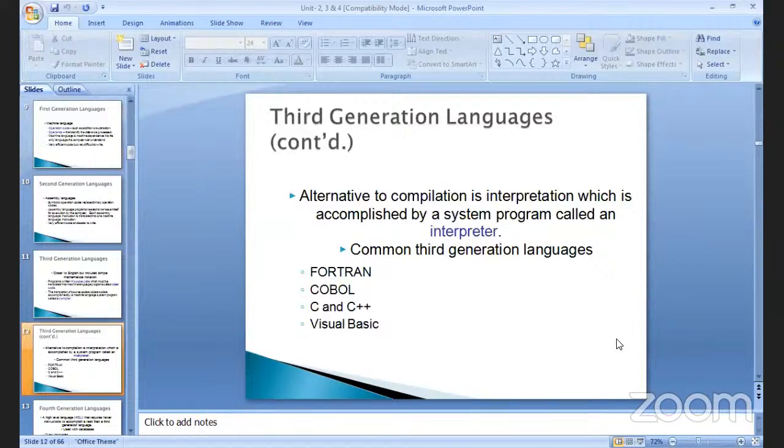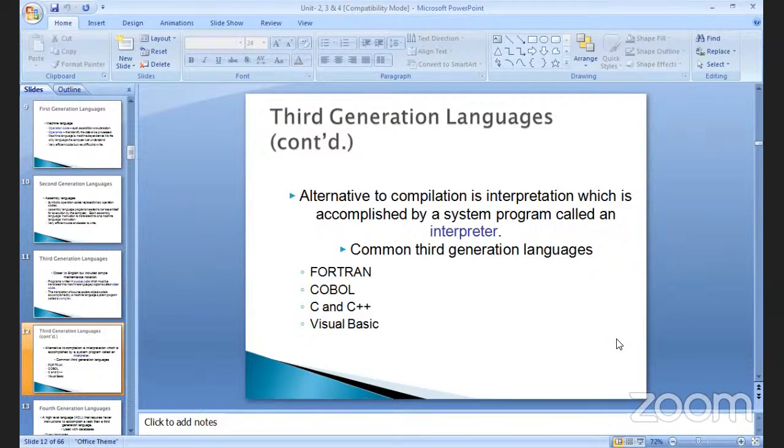The alternative to compilation is interpretation, which is accomplished by a system program called an interpreter. Here the interpretation is applied step by step, and the source code is used for different application purposes.